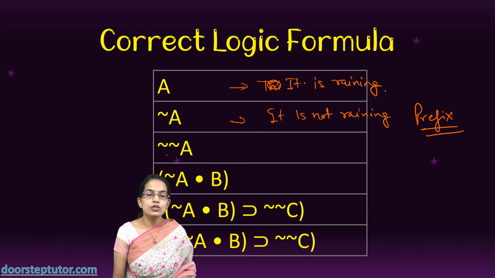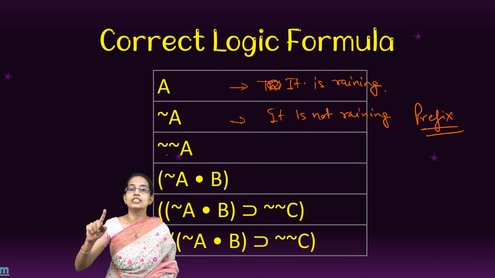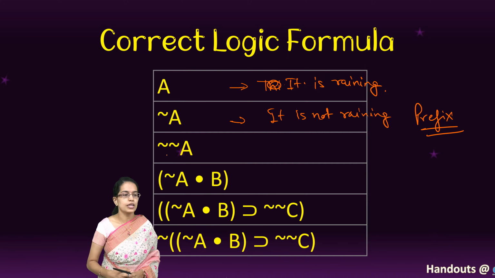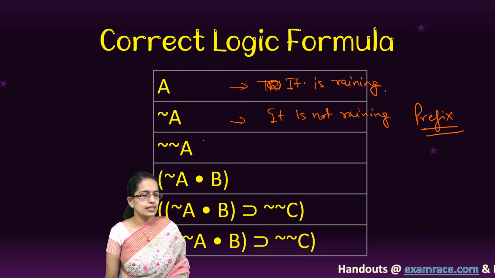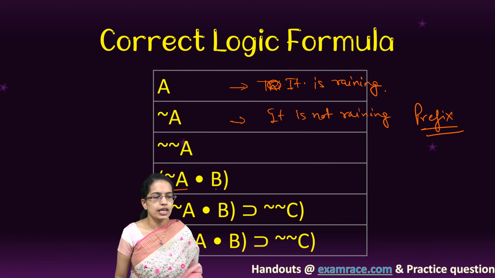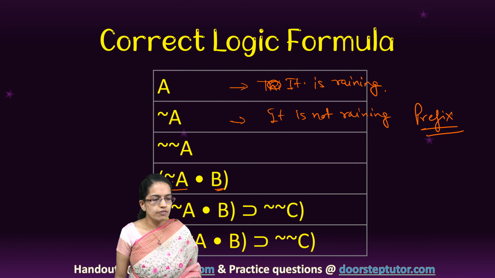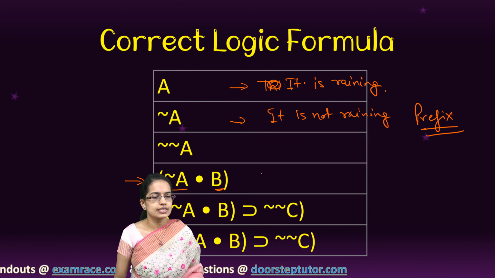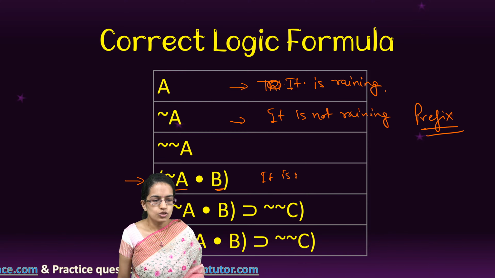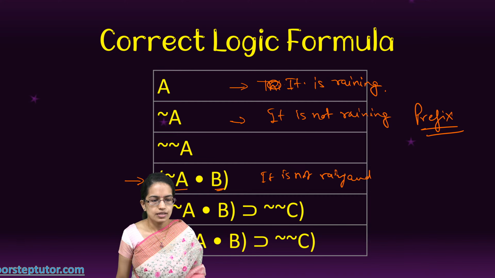Then when I put two tilde signs, that means negation of negation, that means truth. So that is again correct. Then I have negation of A and B. Dot represents and. So I have a simple proposition that is saying it is not raining and it is cloudy.